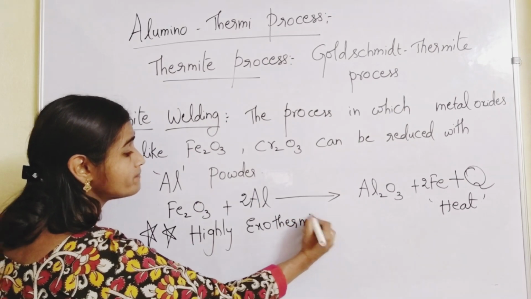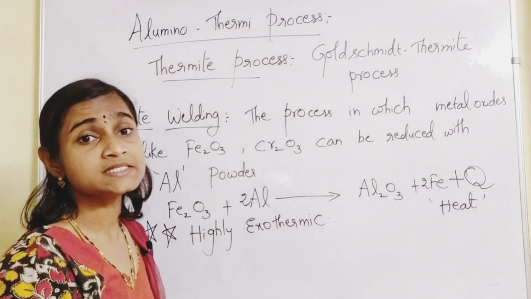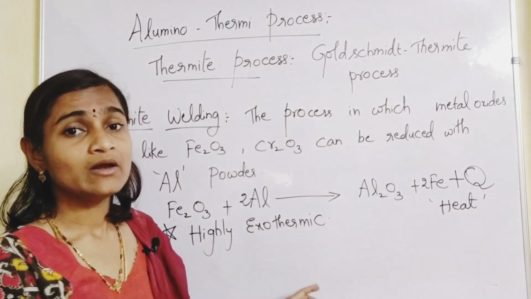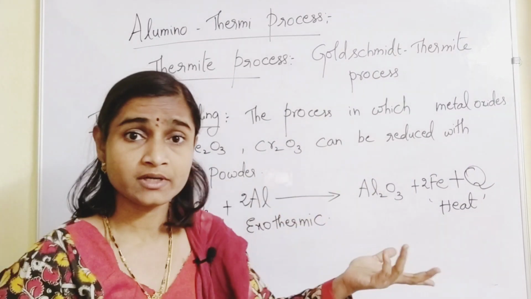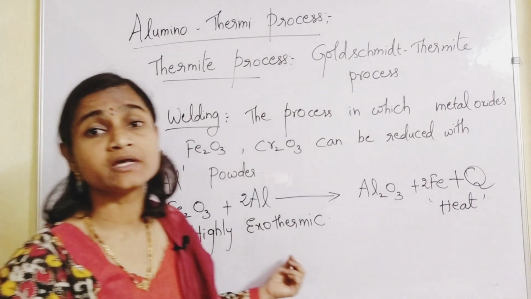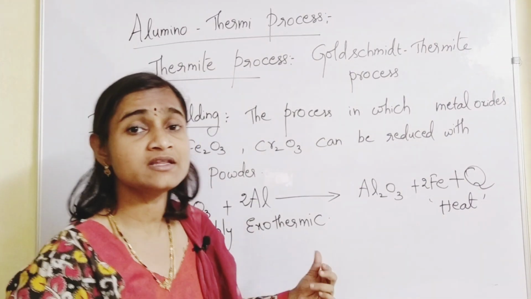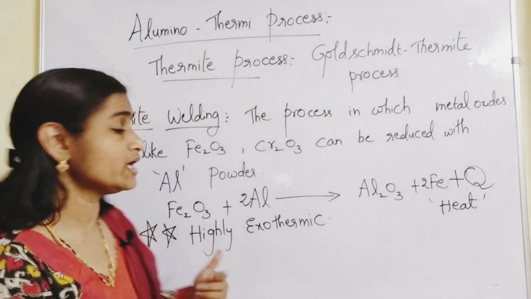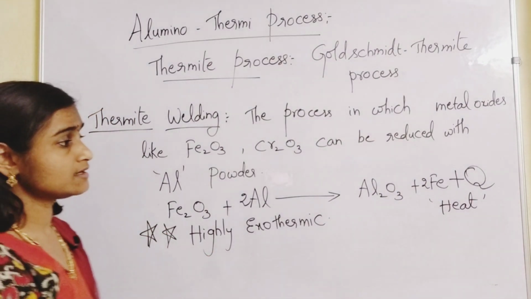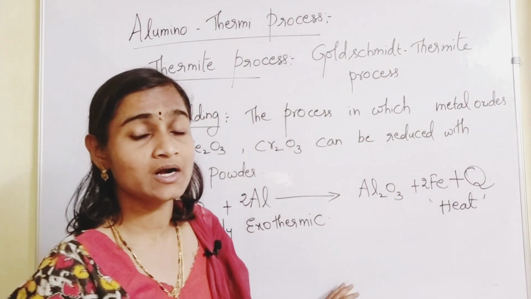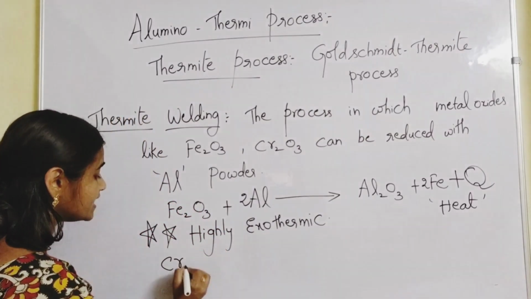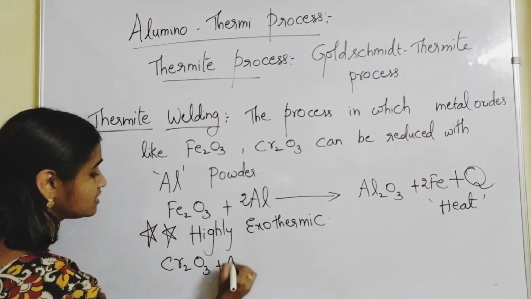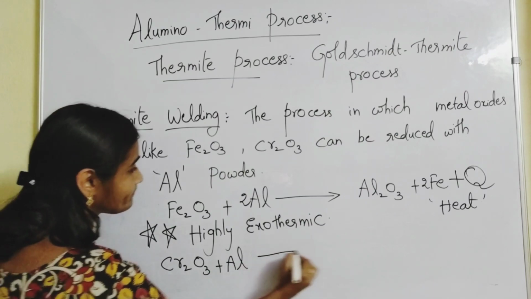Exothermic means the reactions in which much heat energy is released, exo meaning to come out. Thermal energy is released. This is the kind of reaction which is called a thermite reaction. Even you can write the same equation with chromium also.